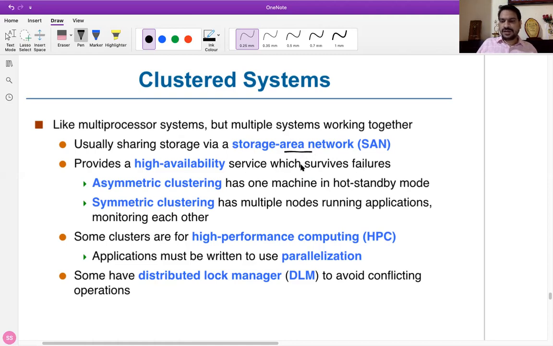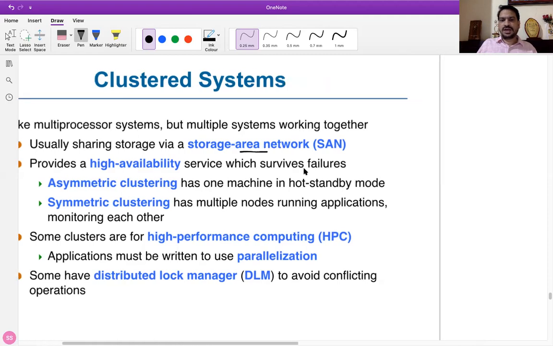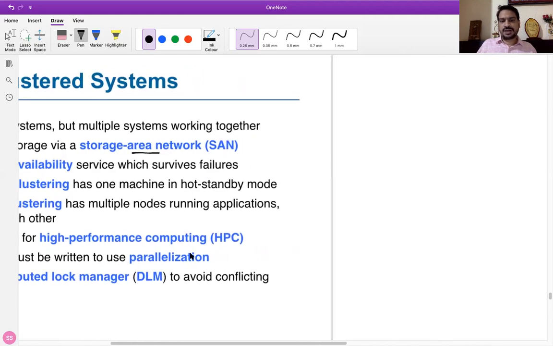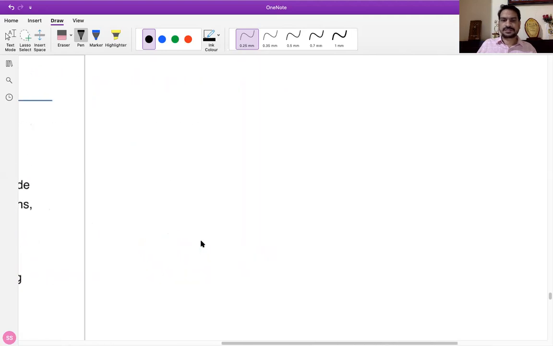Okay. We have another architecture which is called network attached storage. And we have a storage area network. So let's find out the difference between storage area network and network attached storage. And then we'll come here again and see what is there in the clustered system.